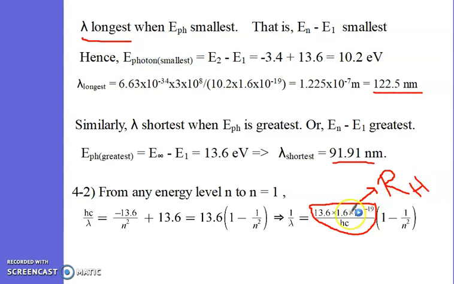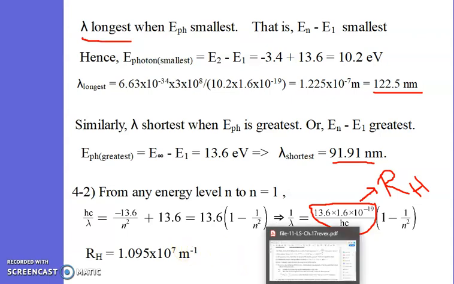Okay? Do the calculation for this RH, you get 1.095 times 10 to the power 7 inverse meter. Why per meter? Because here we have 1 over lambda, and the unit of lambda is meter. So within experimental error, it is the same number obtained by Balmer and Rydberg.